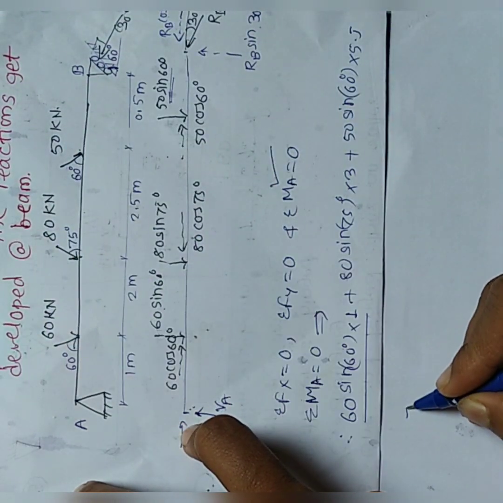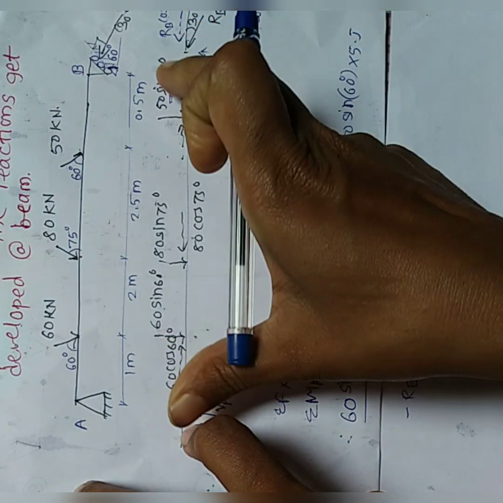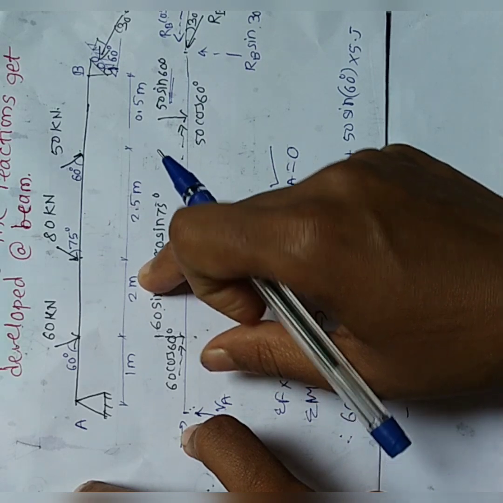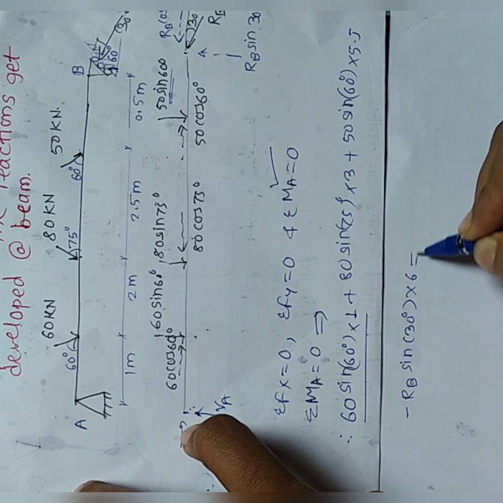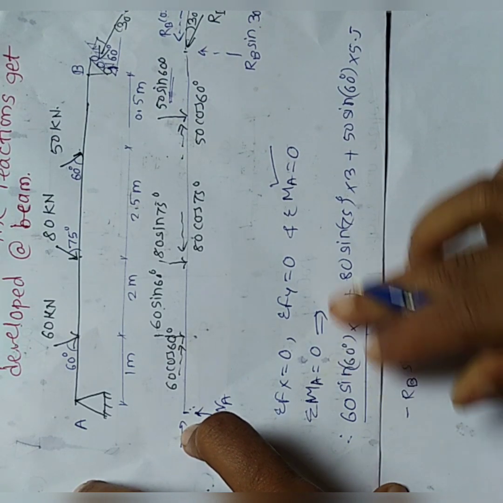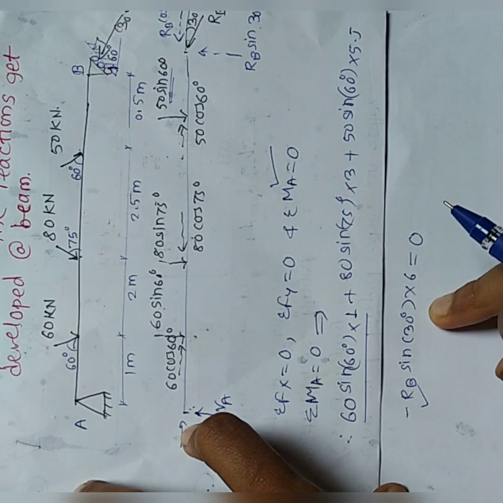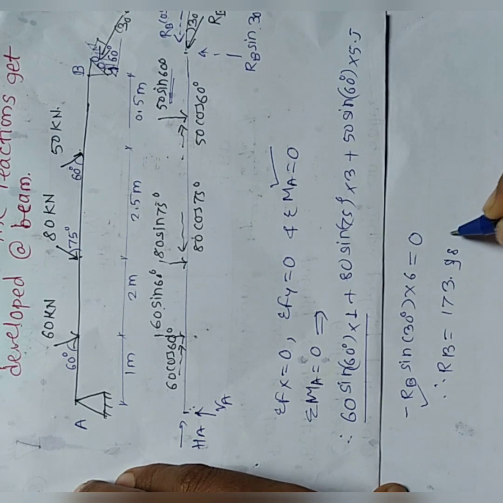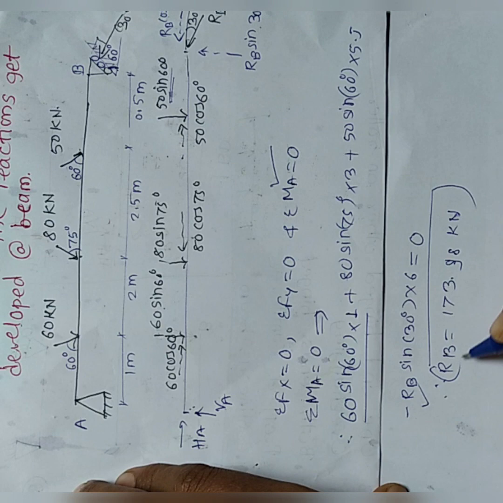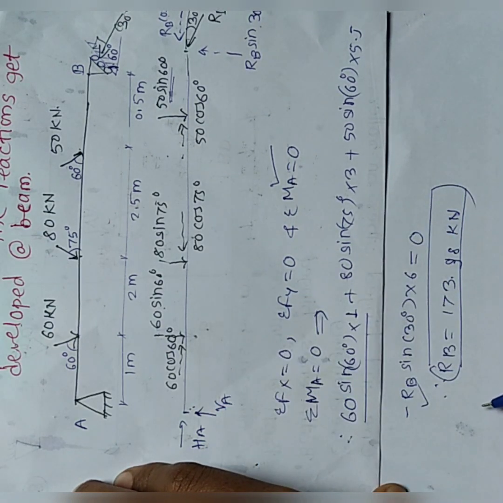That's why minus RB sine of 30 degree into the total span of the beam, which is 3 plus 2.5 plus 0.5, it becomes 6 meter, into 6 meter is equal to 0. Now in this equation, only one unknown, RB, is unknown. So you can solve it mathematically. Therefore RB is equal to 173.98 kilonewton.